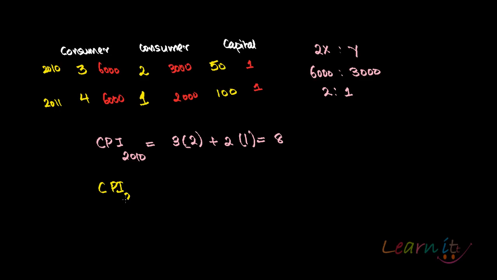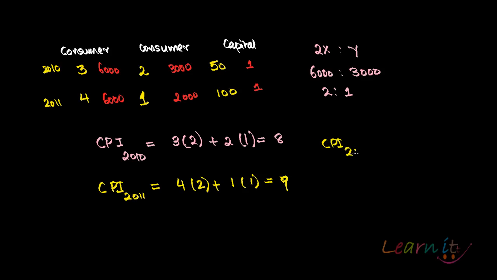And the price of the CPI basket in year 2011 is 4 into 2 plus 1 into 1, that is 9.